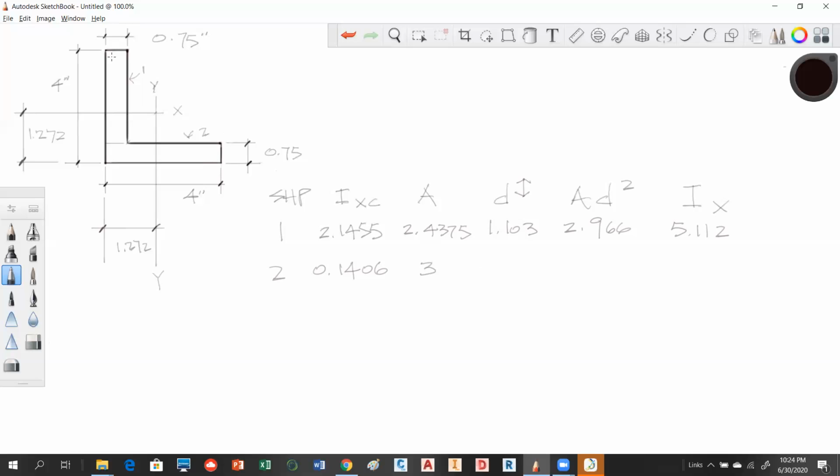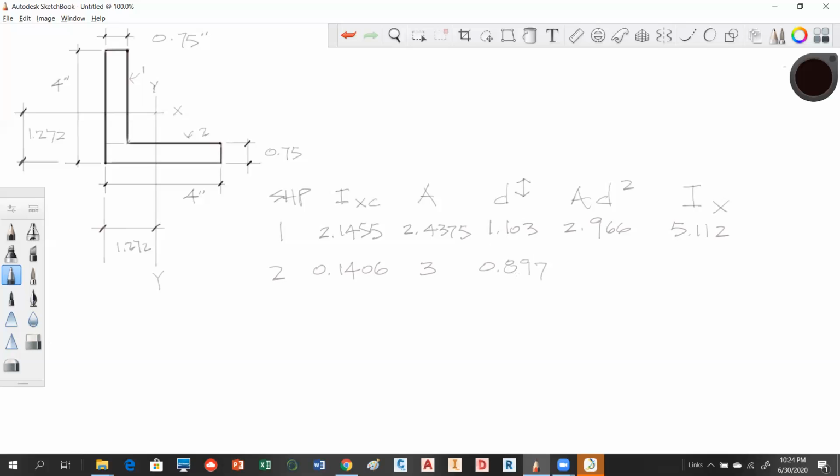So now we're looking at this guy's x-axis as compared to this guy. So the distance from x-axis to x-axis here is half of 0.75, so you're looking at that minus that. Half of 0.75 minus that gives me a d distance of 0.897.